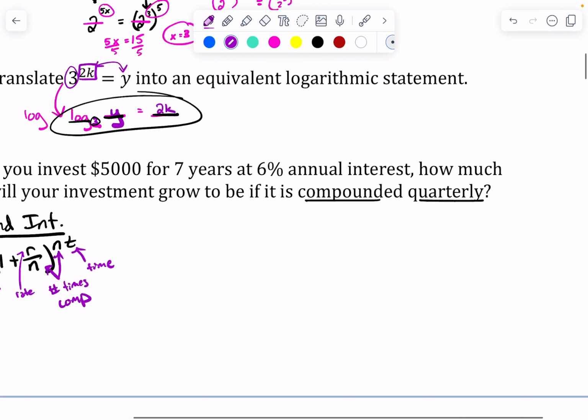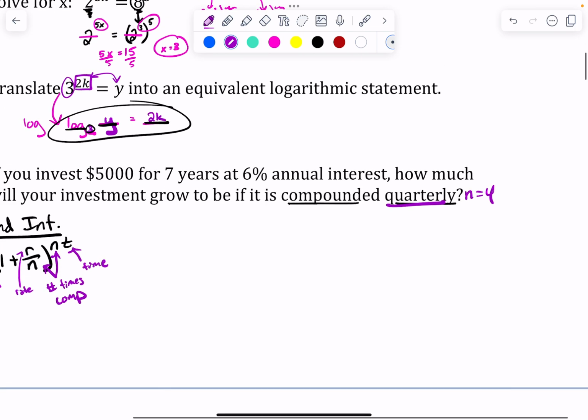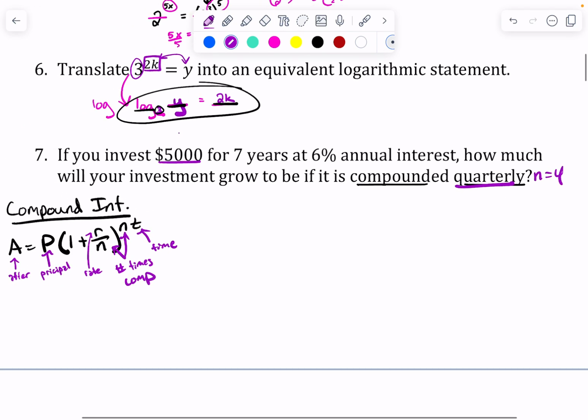So in this case, quarterly, that means N is 4, okay? If you want to write them down, you should know these. I'm not going to write them down for you. Like monthly would be N is 12. Daily would be N equals 365. That's mainly it. Those 3. They might do annually, then N would be 1. Whatever, okay? If you invest $5,000, that is P.